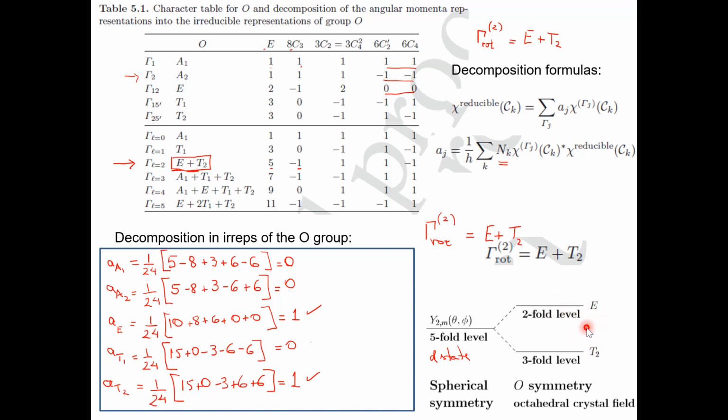So the way I draw it here is that the 3-fold level is lower energy than the 2-fold, but this is just schematic. Okay, so I really don't know which level is going to be lower energy. Group theory does not tell me that. It only tells you how the level will split, the degeneracy of the resulting levels.